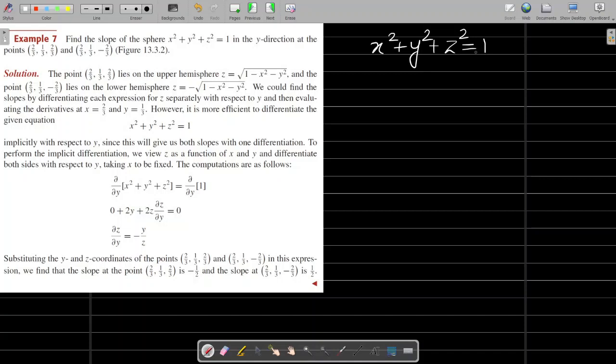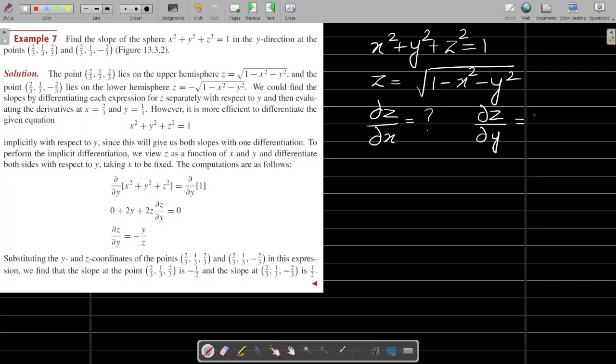One is you can write this as z equal to square root of 1 minus x square minus y square, and then find dou z by dou x and dou z by dou y. This is called the explicit representation of the function, and we are differentiating it as such.